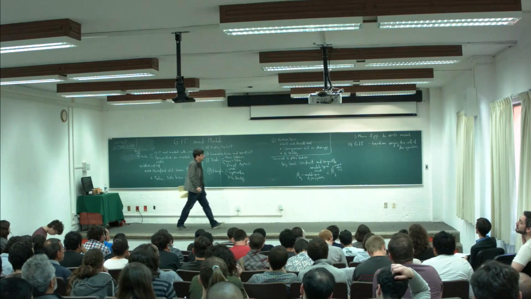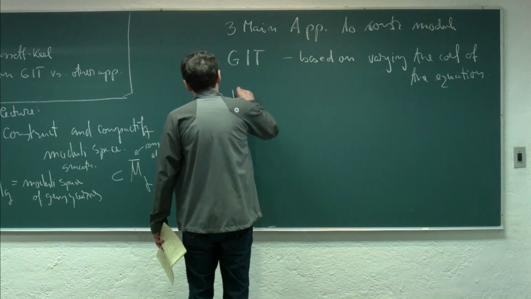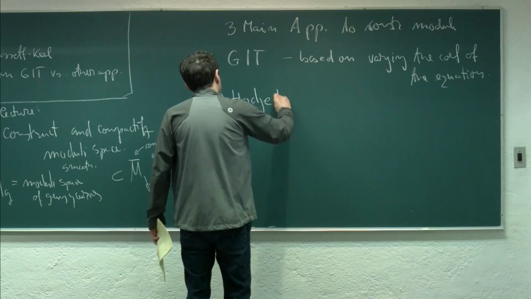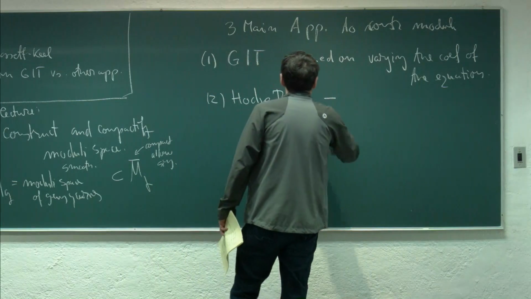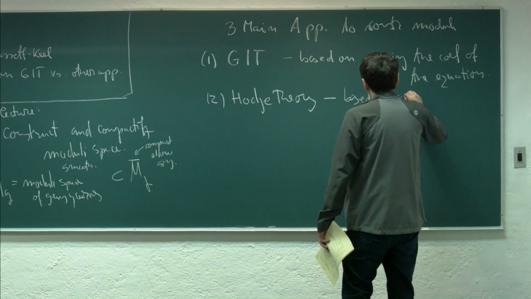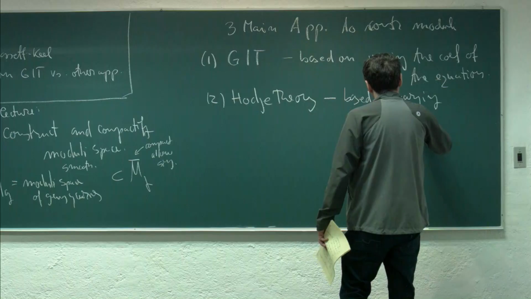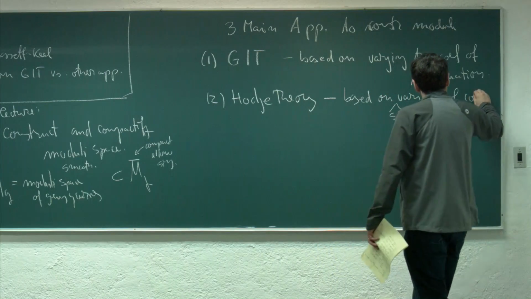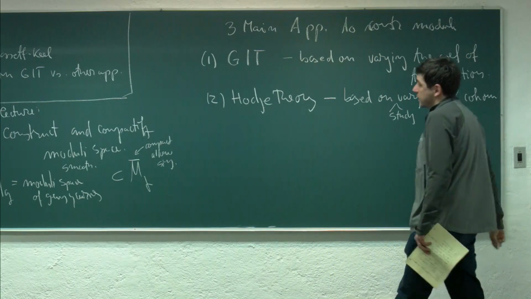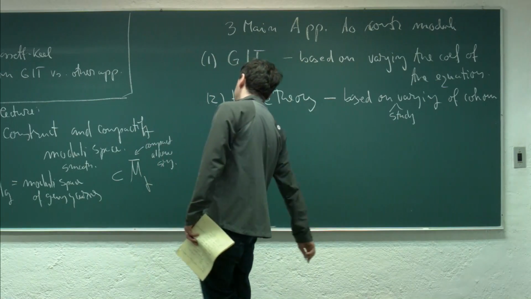The second approach is Hodge theory, and this is based on the study of variation of cohomology. So in some sense, this is related to cohomology.